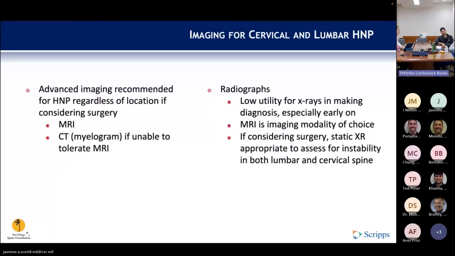So just to recap, advanced imaging if there's radiculopathy and a clinical exam concerning for HNP: get the MRI, myelography if you can't. And then x-rays, definitely before surgery to assess for instability in both the lumbar and cervical spine.